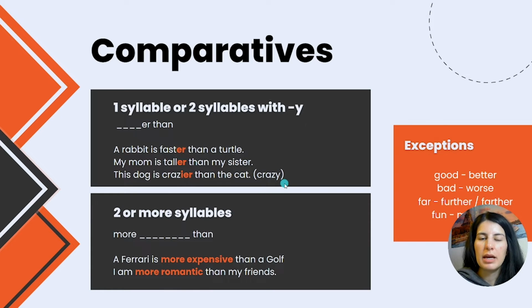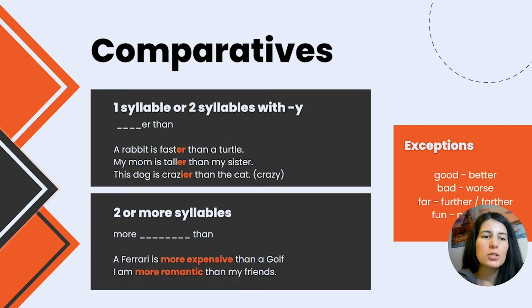When an adjective ends in Y, we'll do a similar process. The only thing we have to pay attention to is to change Y into the letter I. Okay, so we'll switch the letters and then add ER. So crazy. 2 syllables, but ending in Y. This dog is crazier than the cat.